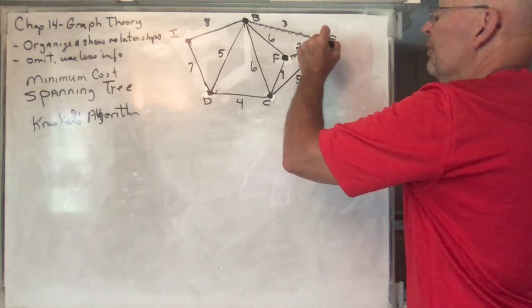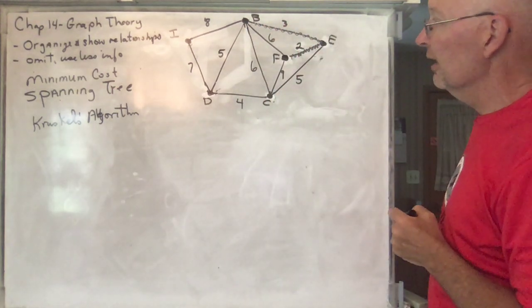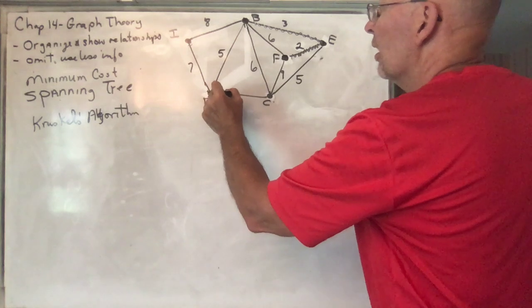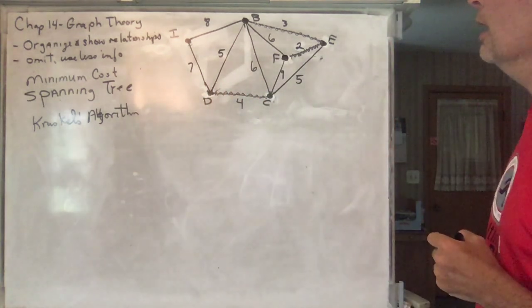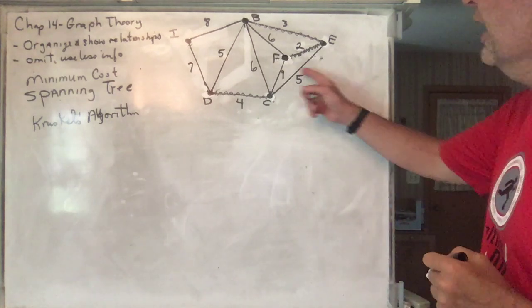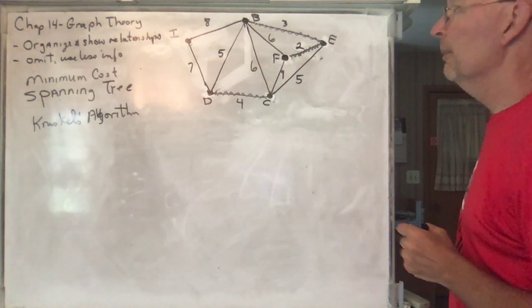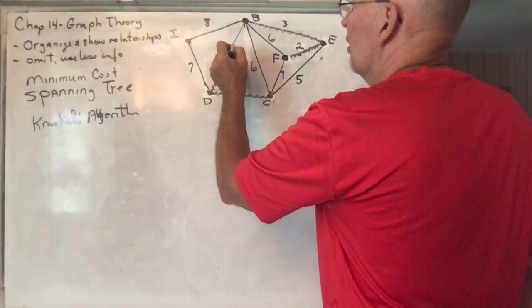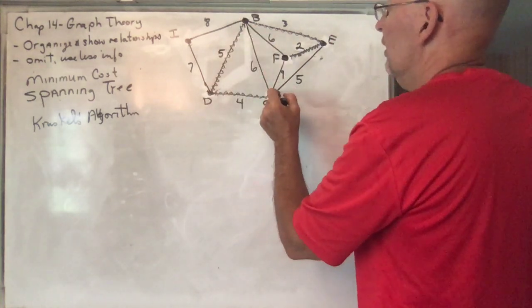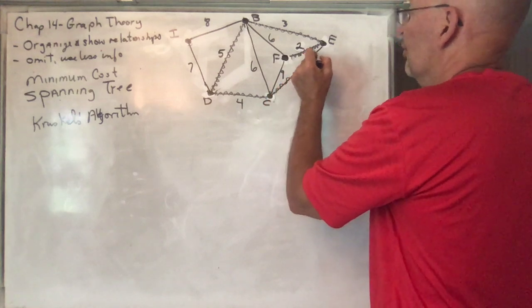So we'll take that one. And here's a 4. So we'll take that one. Here's a 5 and here's a 5. I guess we can use them both. So we'll take that one, and also take that one.